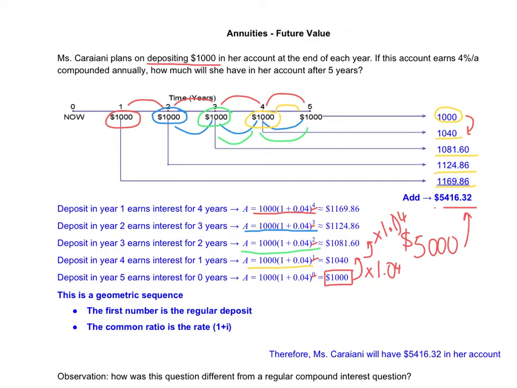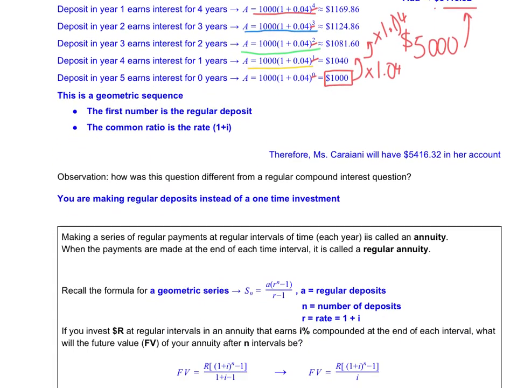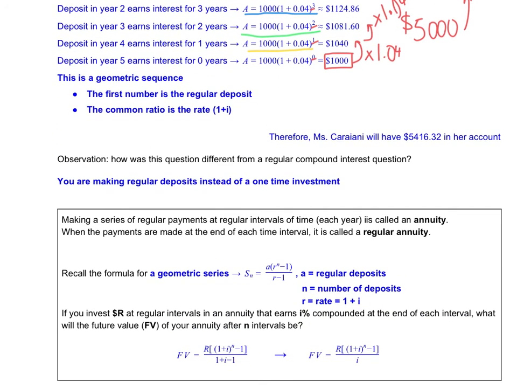But remember, if it were semi-annually, I'd have to divide the interest in half. So let's look at our general geometric series formula and fill in our interest information. So here is your series formula. A is your first term, R is your common ratio, but for us, our first term is R, those regular deposits.